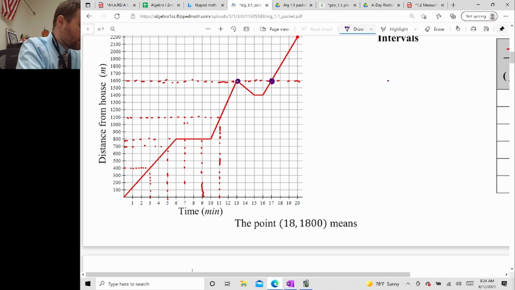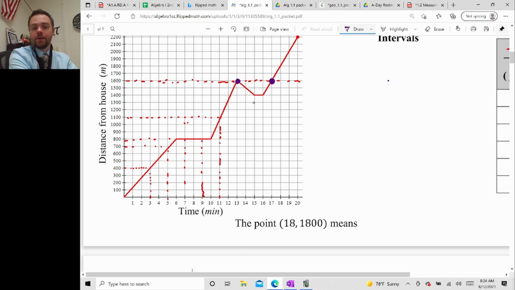Right there and right there is where Mr. Brust is 1,600 meters from his house. So the question is what happened from here to here? I can tell you from my experience running, I was running with my daughter one time. She was in a stroller, and she had a little toy. When I ran forward, she dropped the toy. She dropped it right here.